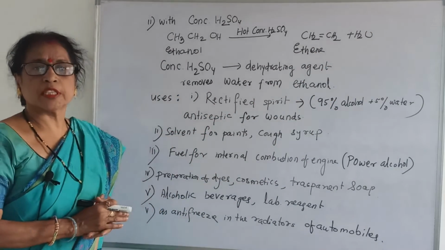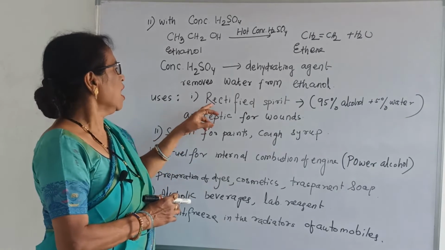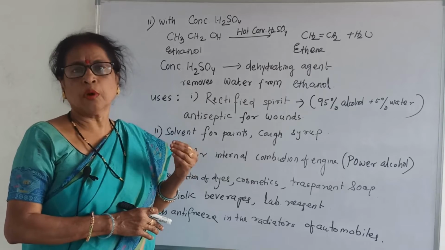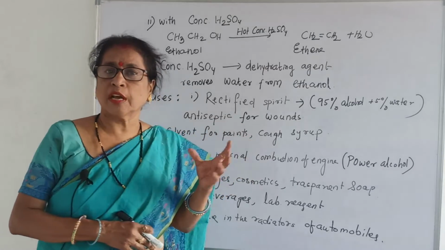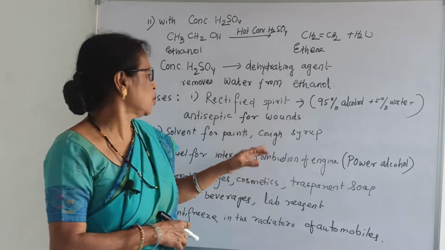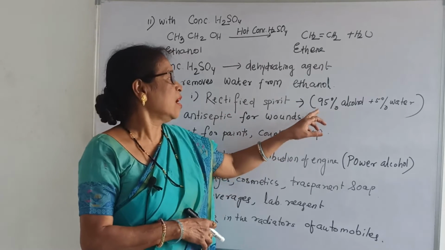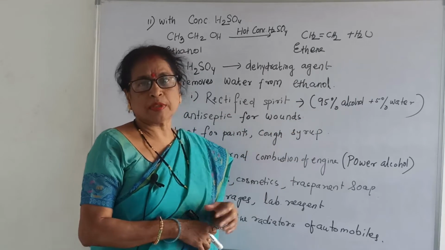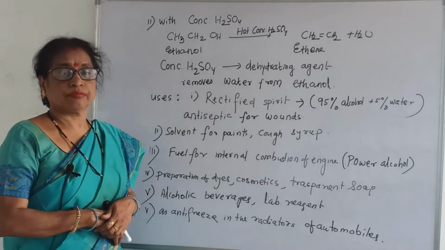Then come the uses. The uses of alcohol are so important one cannot imagine. Rectified spirit: in hospitals you will get rectified spirit, before injection and after injection also. It is used so many times in hospitals as an antiseptic for wounds. What is rectified spirit? 95% alcohol, 5% water. It is a solvent for paints and cough syrup.